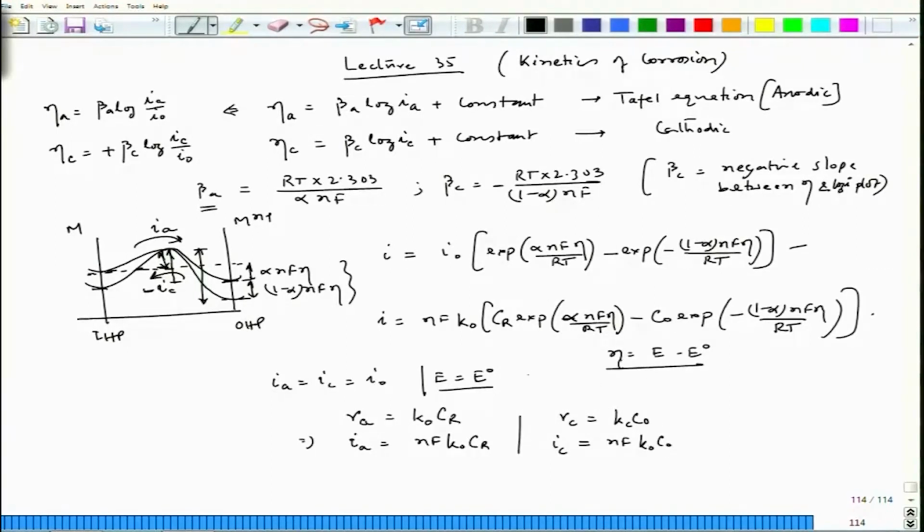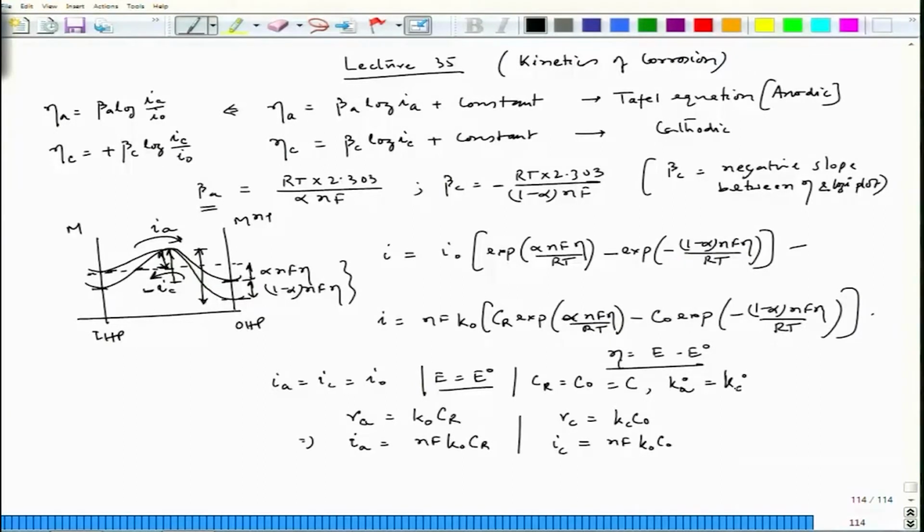And in that case we have considered one more condition, which is C R equal to C O equal to C. Then in that situation K A0 equal to K C0.